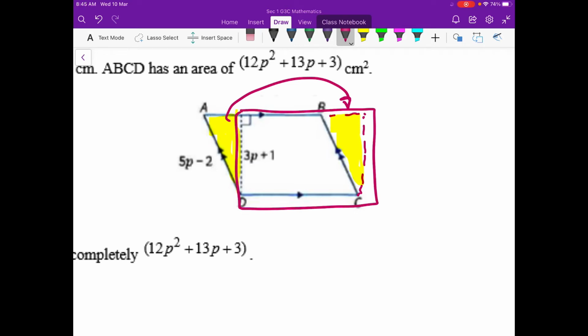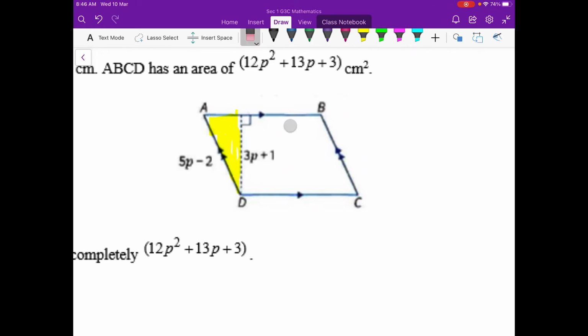You can find the area of a rectangle easily. The base, length and breadth. So the length, which is CD, we don't know that. The breadth will be the perpendicular distance. And then that will give us the area. Okay, so that's a quick recap on finding the area of a parallelogram. Basically, this distance times the perpendicular height, which you have.